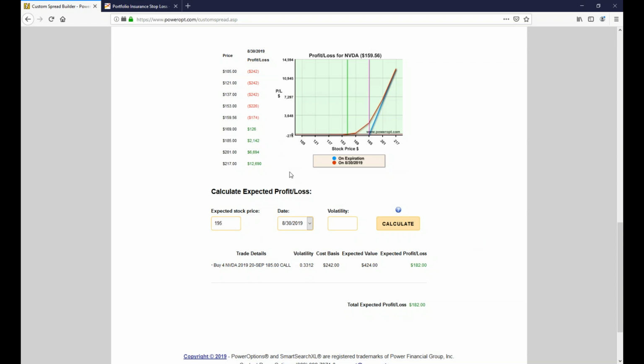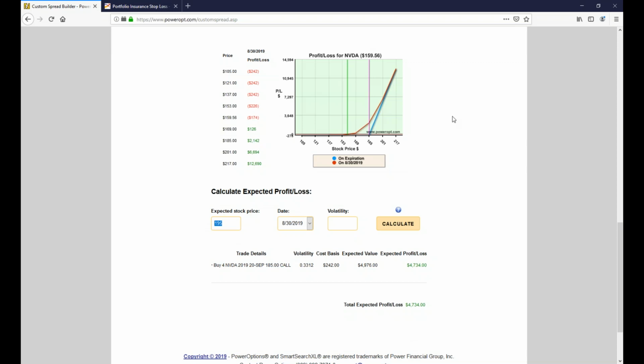Let's go 10 points above this call strike. You're going to have a profit of $4,000 here on your 4 contracts at 185. With the 170 at 195, it's going to be deeper in the money. It's going to be at about maybe $26, $27 value: intrinsic, 25 points plus a little bit of time value, maybe $1 or $2.